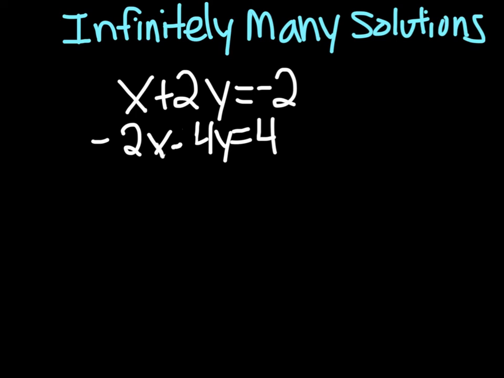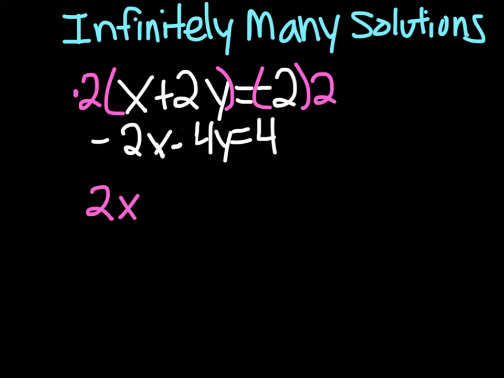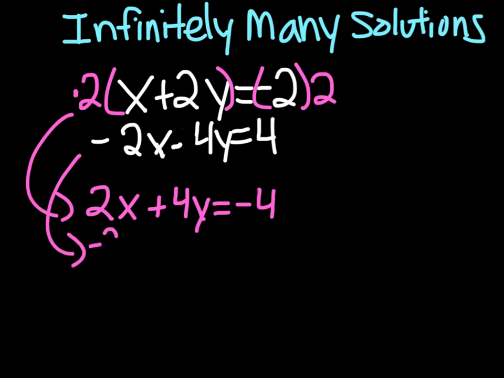So I'm going to multiply my whole first equation times 2 in order to get my x's to cancel out. So I end up with the system 2x plus 4y equals negative 4, and I keep my second equation, negative 2x minus 4y equals 4.